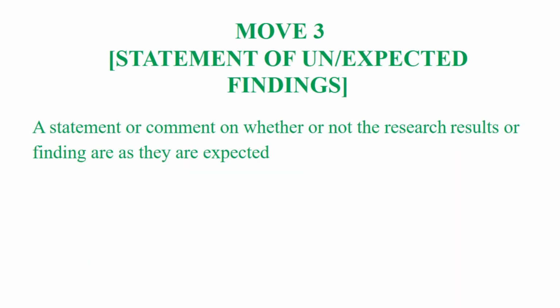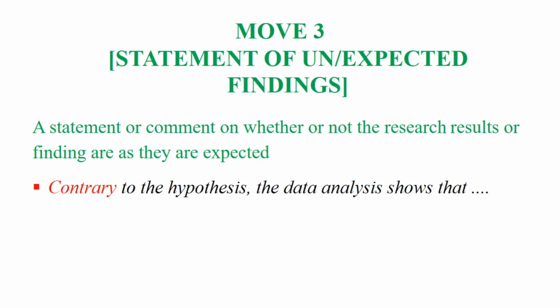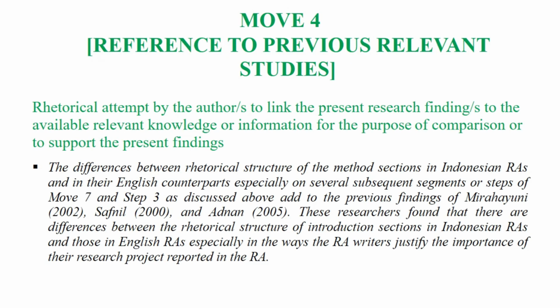And then number three, a statement of expected or unexpected finding. We can say, contrary to the hypothesis, the data analysis shows that, or as predicted, the study. And then move four is the rhetorical attempt by the authors to link the present research finding to the available relevant knowledge or information for the purpose of comparison, or to support the present finding.